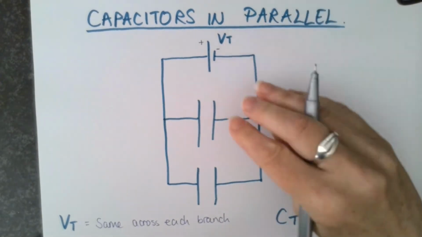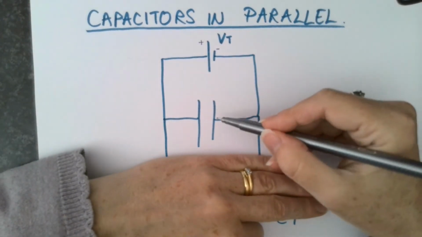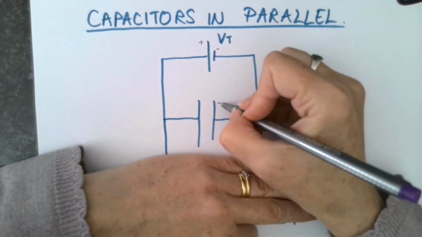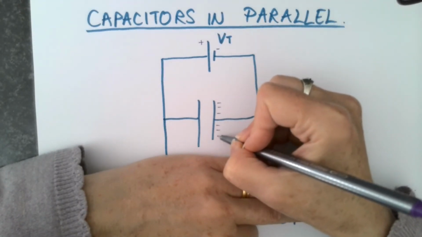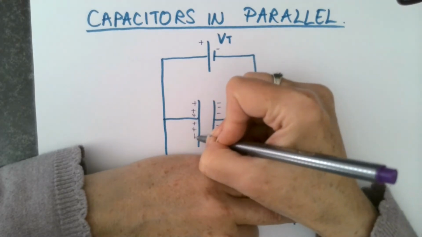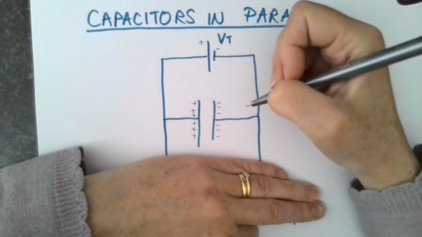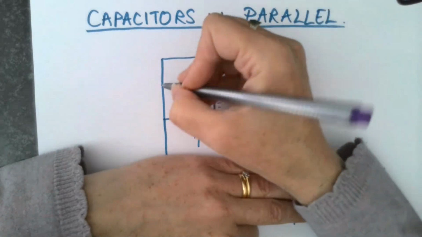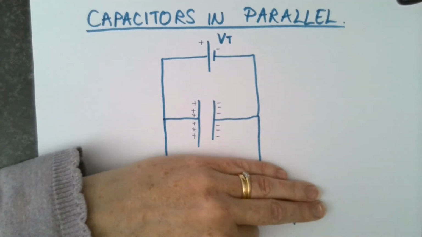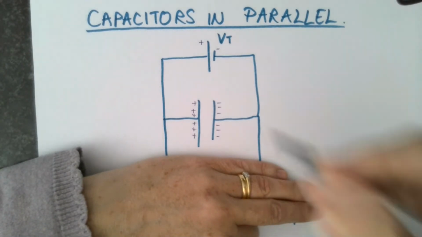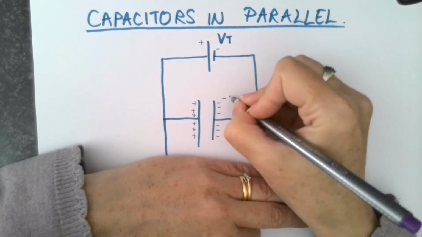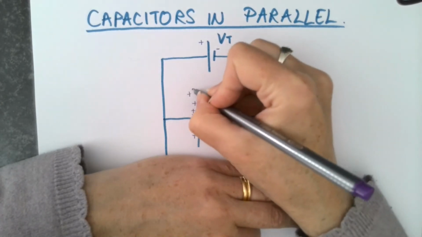If we think about the first capacitor on its own, we can think about the electrons arriving at that plate and repelling, because of the electric field, electrons from the opposite plate, and those arrive back at the positive terminal of the cell. So we've ended up with minus Q and plus Q.